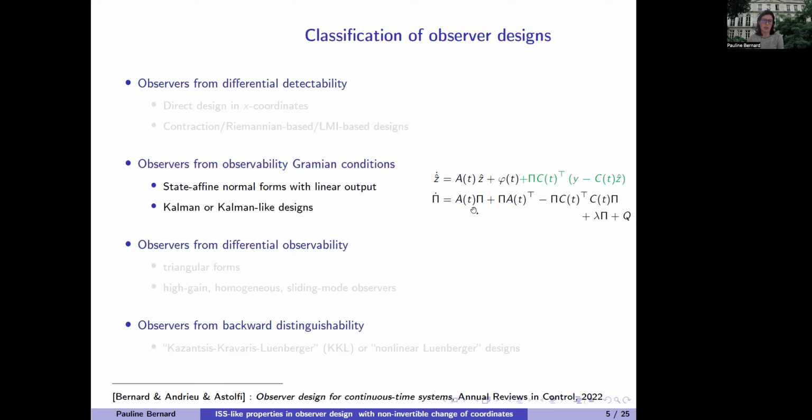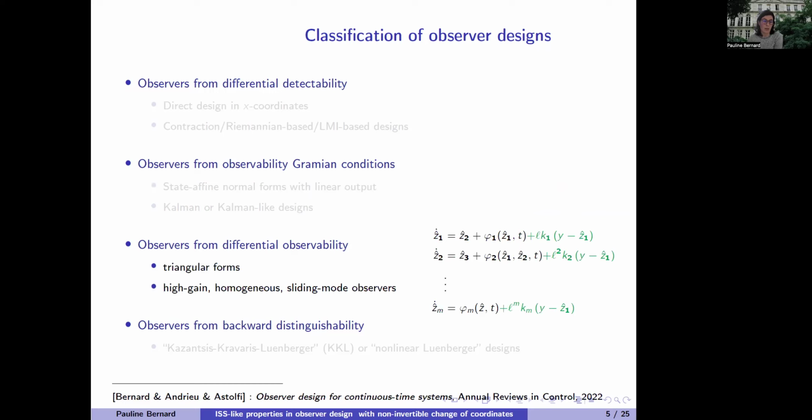And the issue here is that first, the class of systems that you can actually linearize is quite small, but also you do not have a guarantee that even if your system initially is observable, the target system that you're going to obtain here will be observable, and so you will be able to find those gains or obtain convergence here.